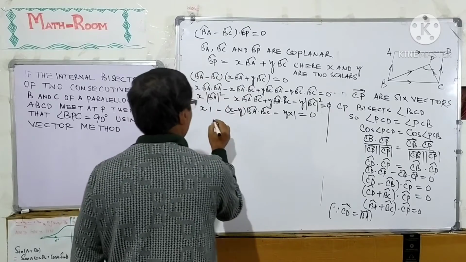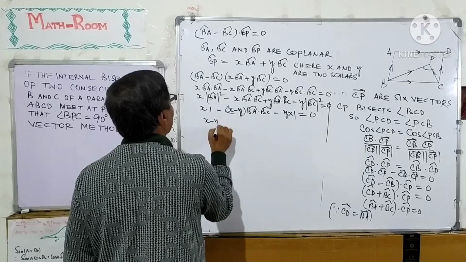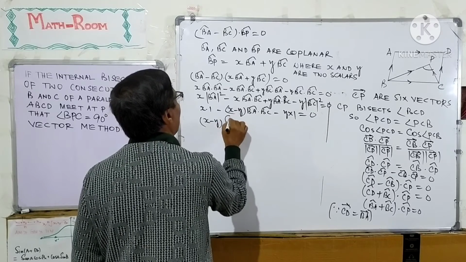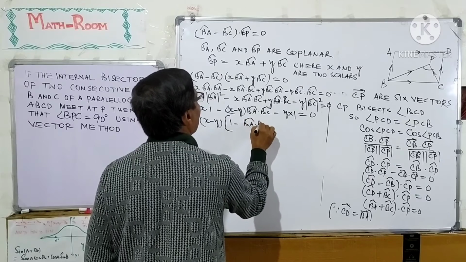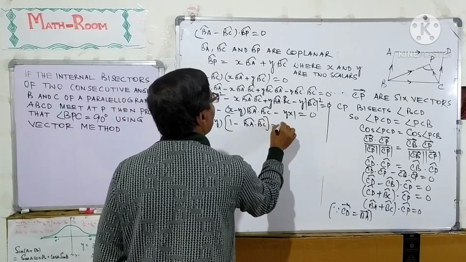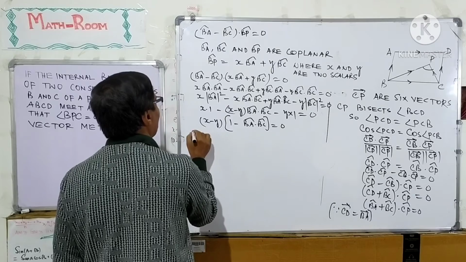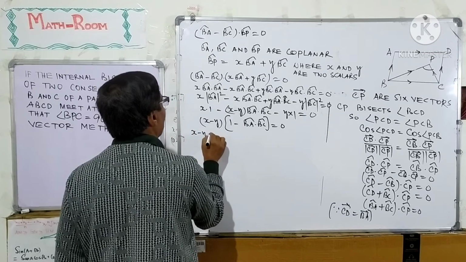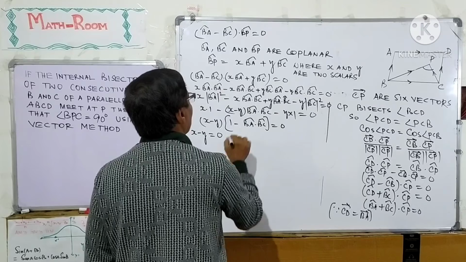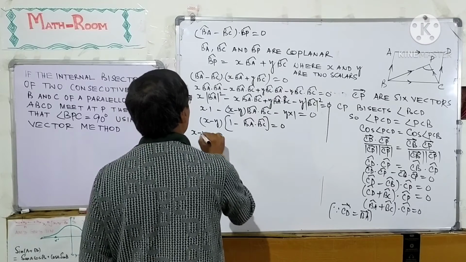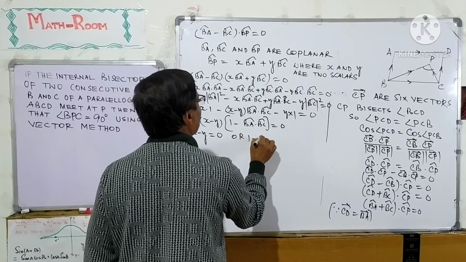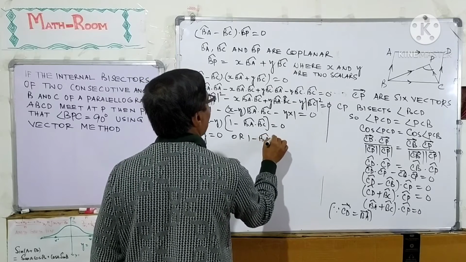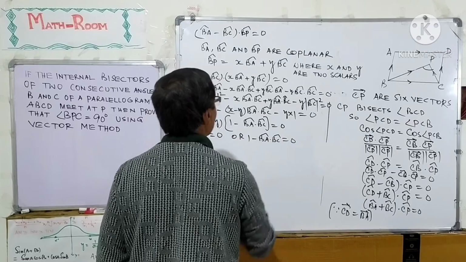So, we can write (x minus y) times (1 minus BA cap dot BC cap) equal to 0. So, x minus y equal to 0 or 1 minus BA cap dot BC cap equal to 0.